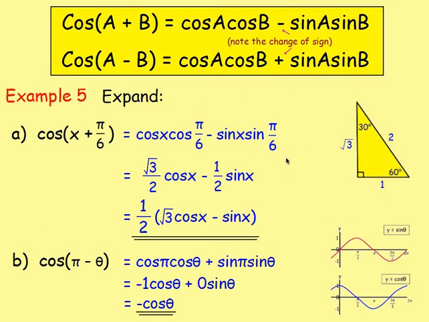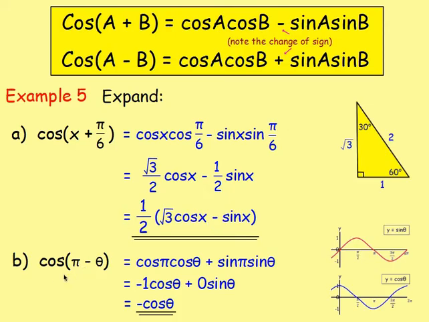Other examples, you had to expand cos x plus pi over 6. So this time when we expanded it, well, we can work out what cos pi over 6 is because we know these exact value triangles. So after you expand, you can replace cos pi over 6 with root 3 over 2, and you can replace sine pi over 6 with a half. Doing that, take out a half as a common factor, and you get a half bracket, root 3 cos x minus sine x.